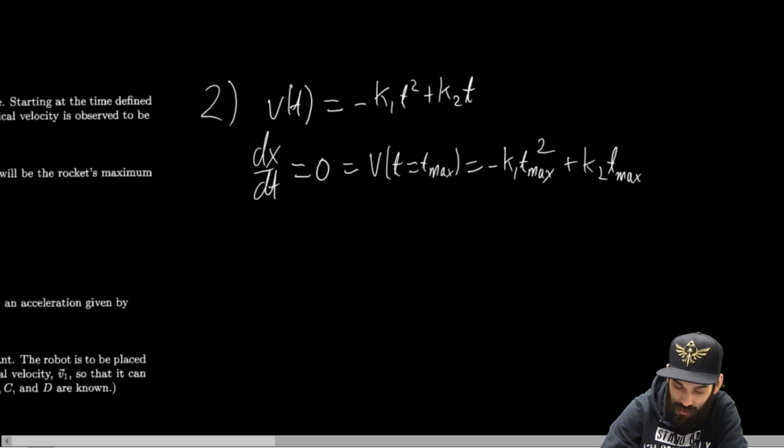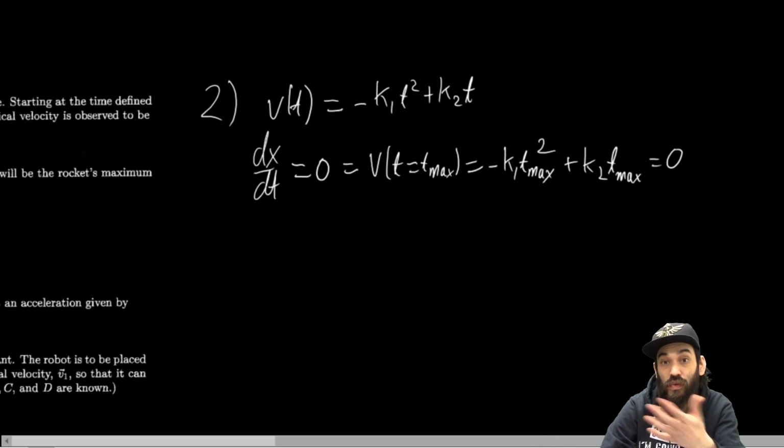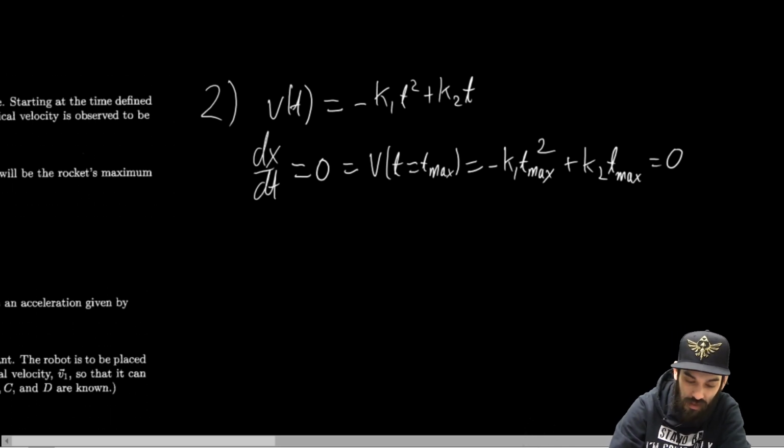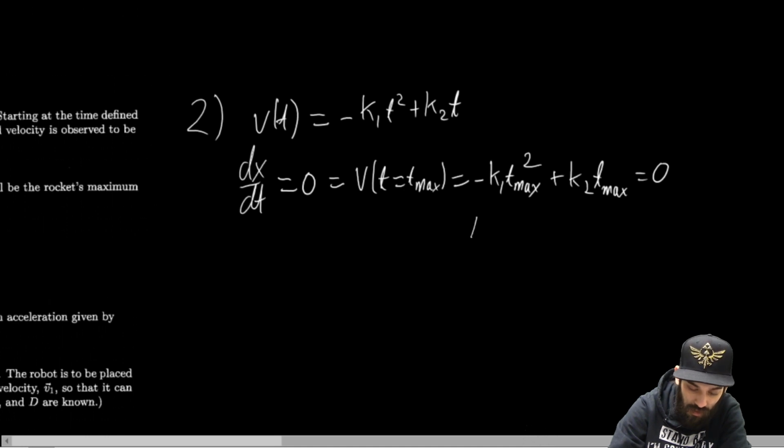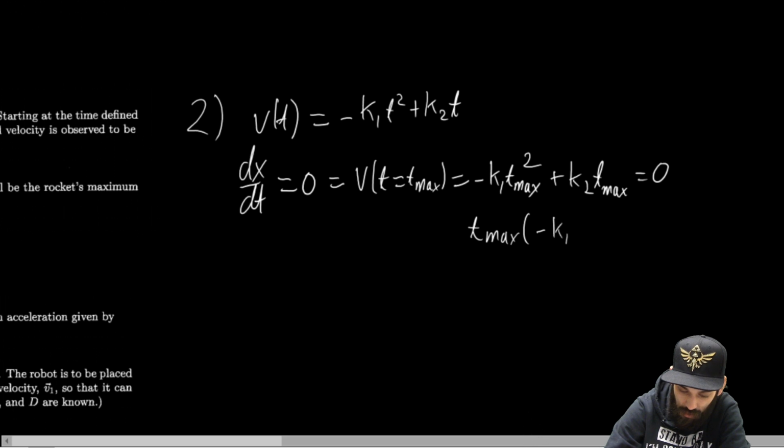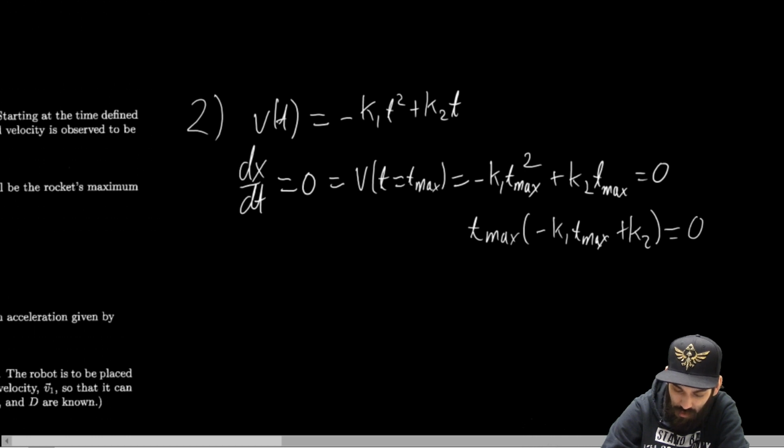And remember that this is going to be equal to 0. In order to find when the velocity is equal to 0, we can factor out a t. So we're going to have t max times minus k1 t max plus k2 is equal to 0.